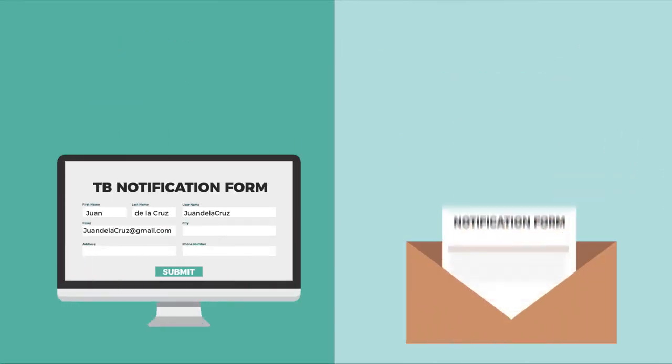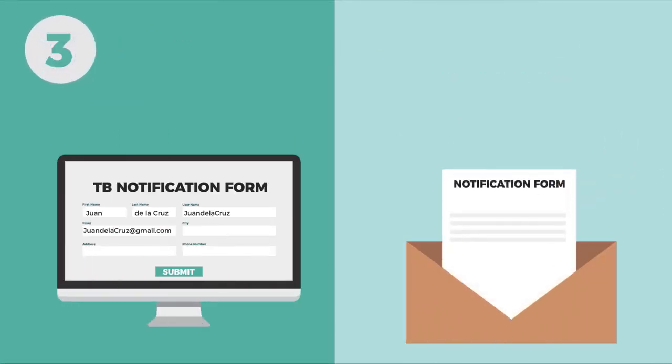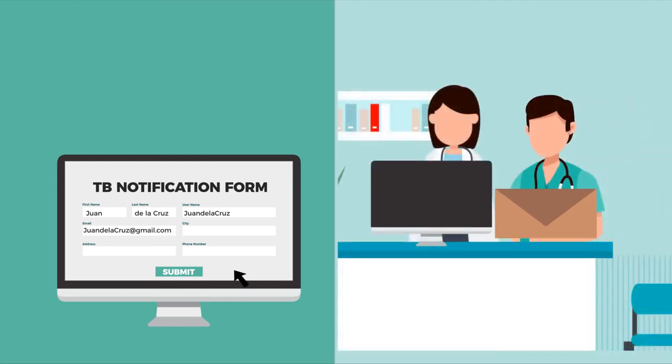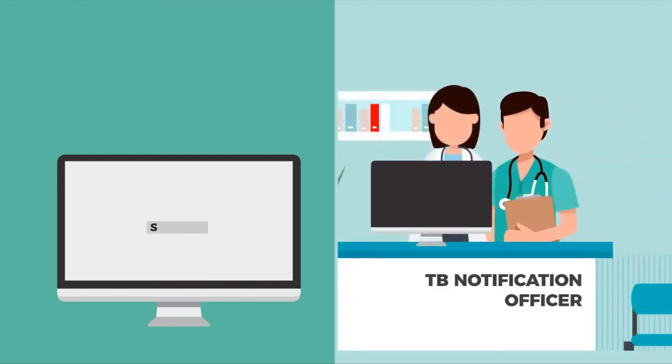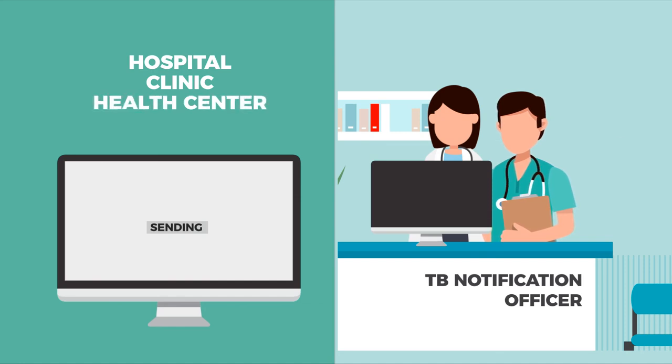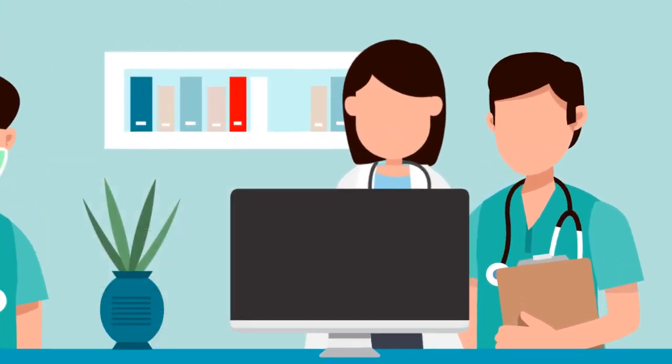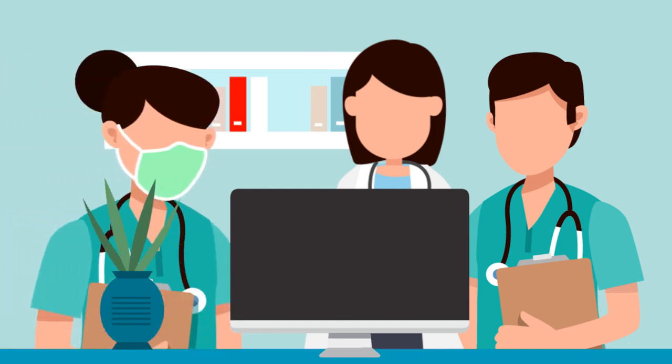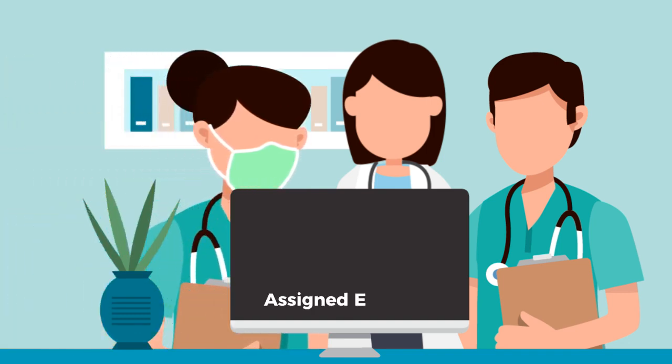Finally, submit the accomplished TB notification form online to the designated TB notification officer of the hospital, clinic, or nearest health center for encoding in ITIS, whichever is applicable or more convenient to the provider. Online or manual TB notification may be delegated to an assigned encoder of the physician or health facility.